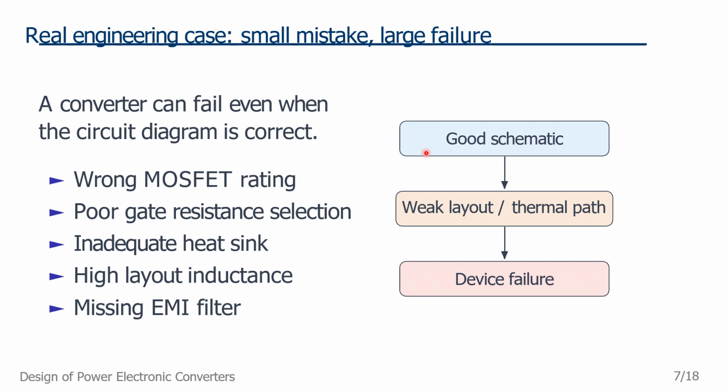So for a power electronic converter, even though we have a good schematic diagram, because of an issue in the layout, in the thermal system, or in the rating of your devices, there may be chances of device failure. So we will learn how to move from a theoretical design to a reliable hardware implementation.